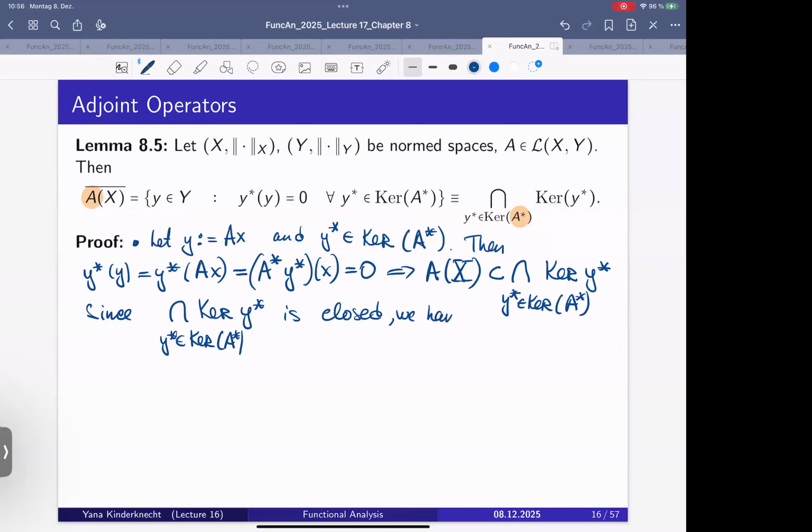we have this inclusion, so the closure of this set lives in the closure of this set. But since this set is already closed, the closure of this set is just the set itself. So we have that the closure of A of X is a subset of this intersection.